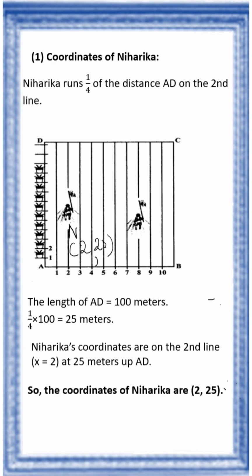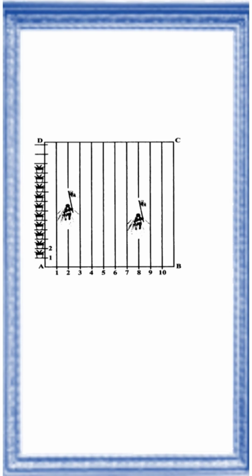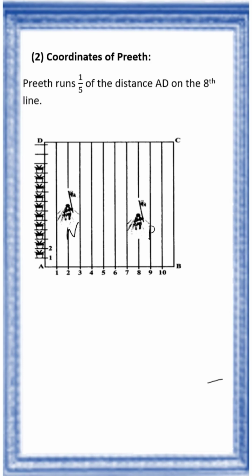Now let us find coordinates of Preet. Let this point be P. How will you find? We know that Preet runs 1/5 of the distance of AD on 8th line. From here only we can say that x-axis is 8 and y-axis 100 by 5, that is 20. All these are unnecessary things, you can directly write the answer.